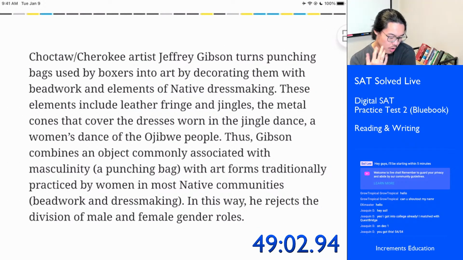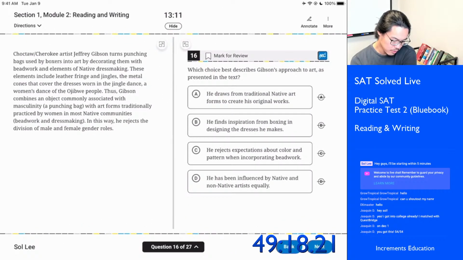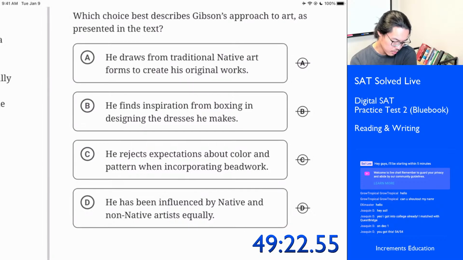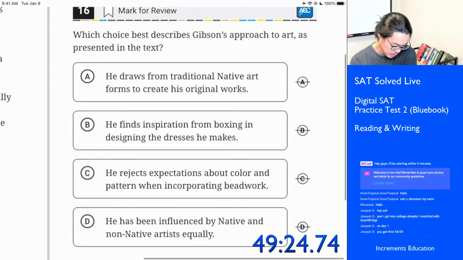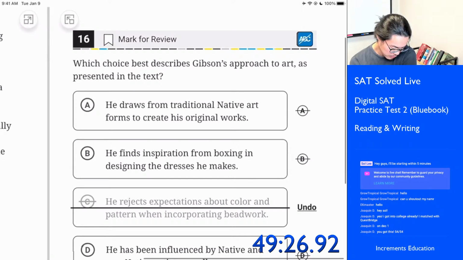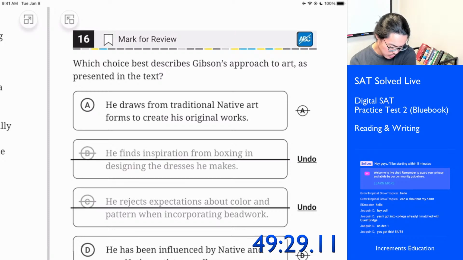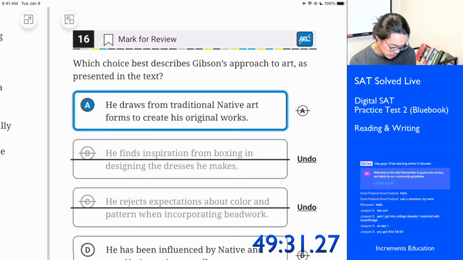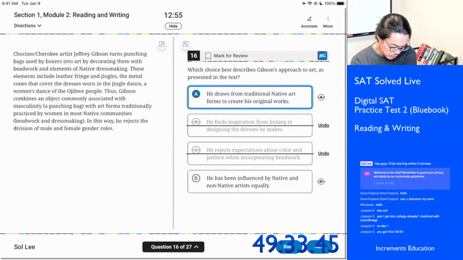Punching bags into art. That's an interesting piece of art. Leather fringe, jingle cones, punching bag with woman's dance. He rejects the division of male and female. So he rejects it by decorating. Yeah, he rejects color. He draws from traditional to create his. Yeah, he does draw from traditional. Wait, what?